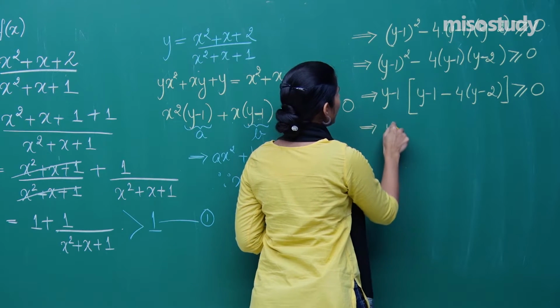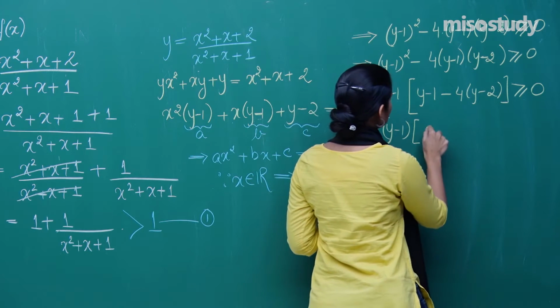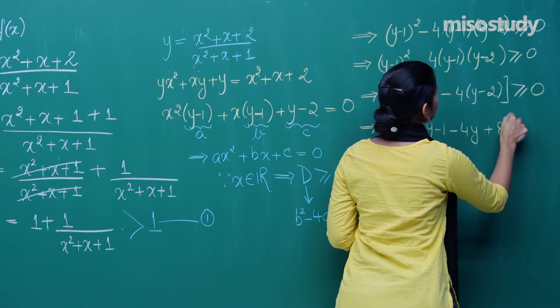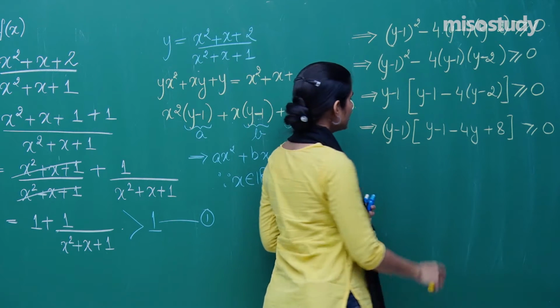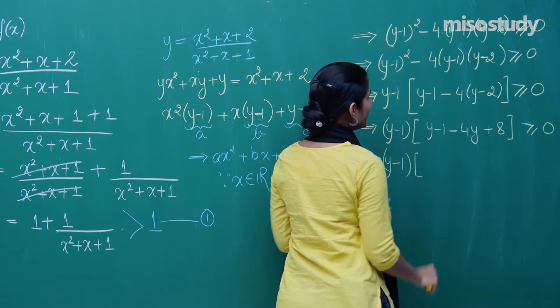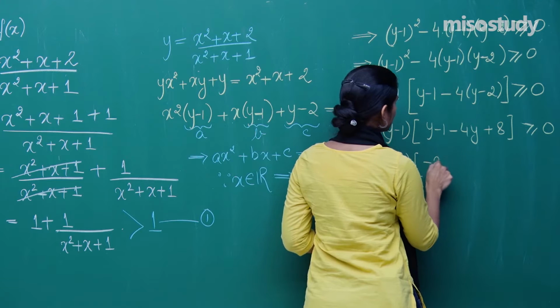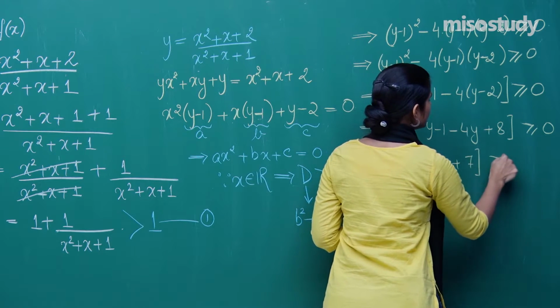This implies you have inside this bracket y minus 1 minus 4y plus 8. That is what you have. This means you have (y minus 1), inside it you have y minus 4y, which makes it minus 3y, and 8 minus 1, which makes it 7.